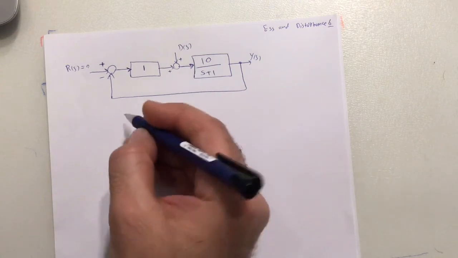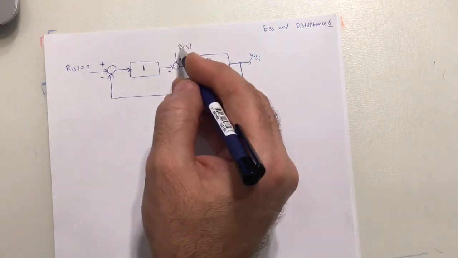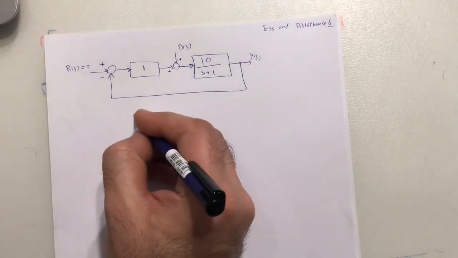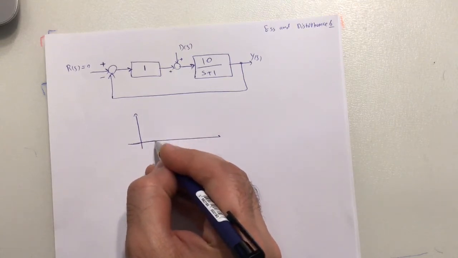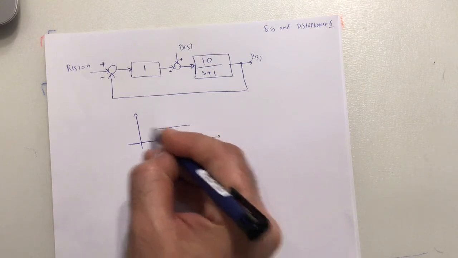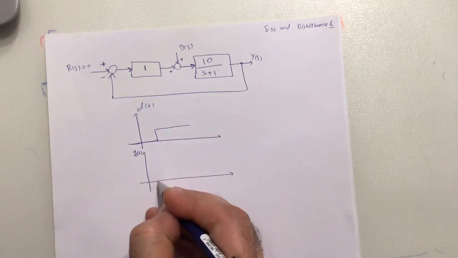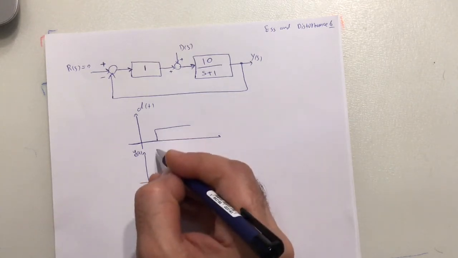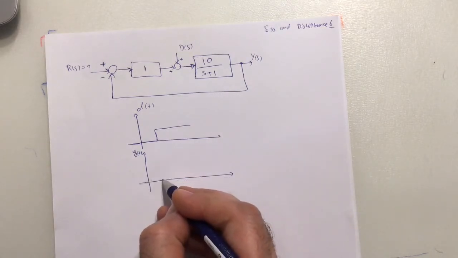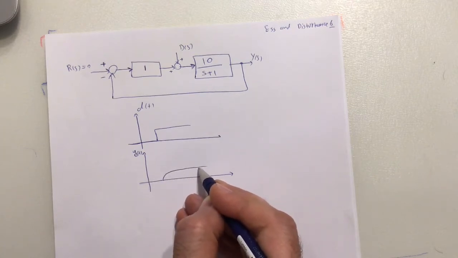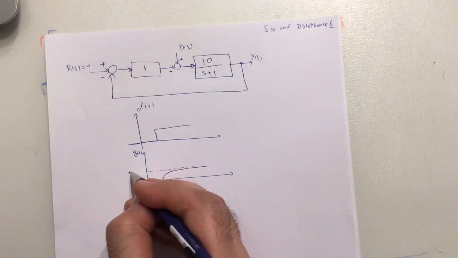It's also easy to find the response to disturbance and do the calculation on paper, but we can show that reference is 0 and output is 0, and at some point if you apply disturbance d of t, and I'm plotting y of t as well, y of t before that is 0, after that it would be something like that, and this value is almost 0.9.